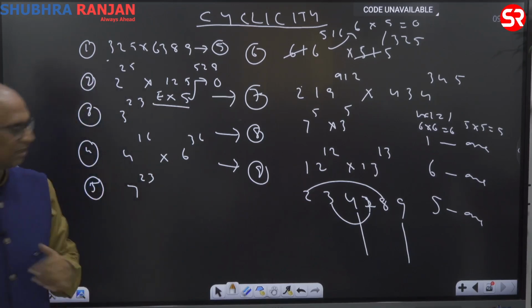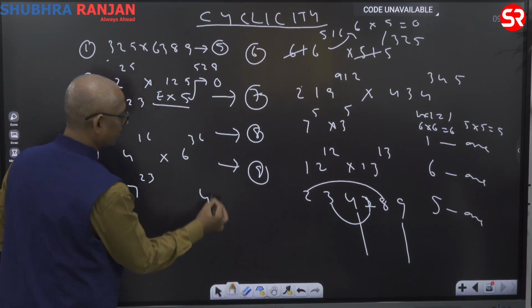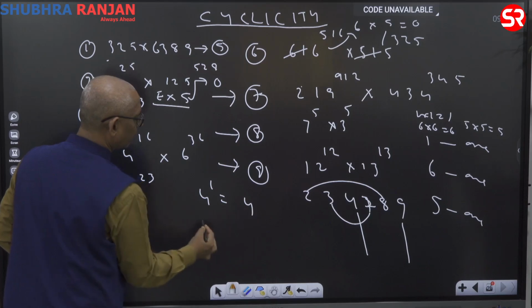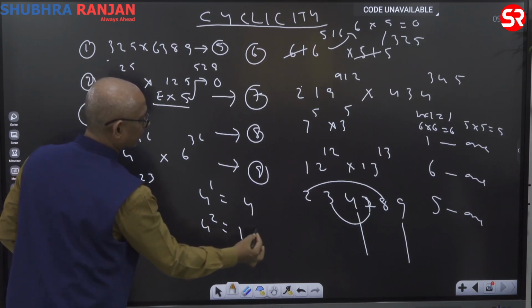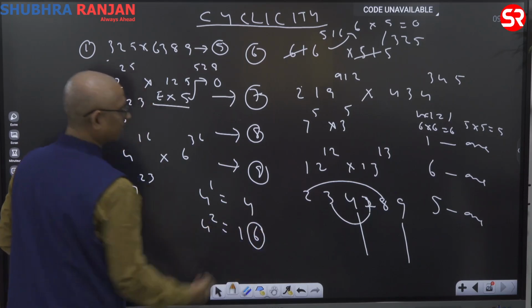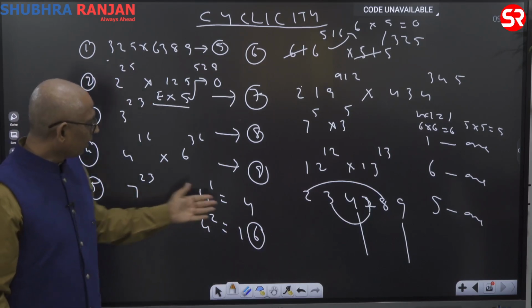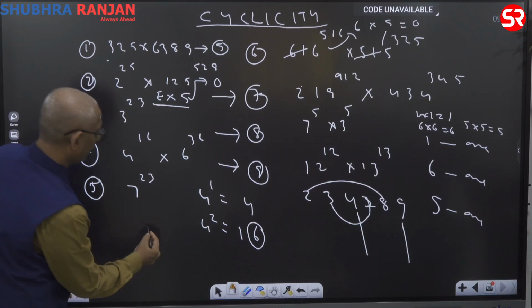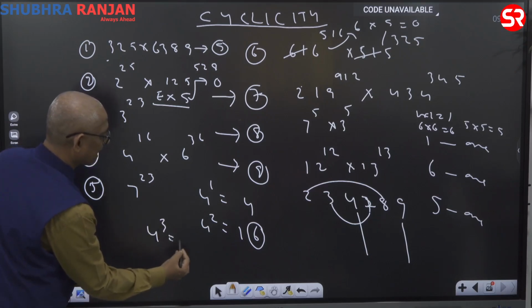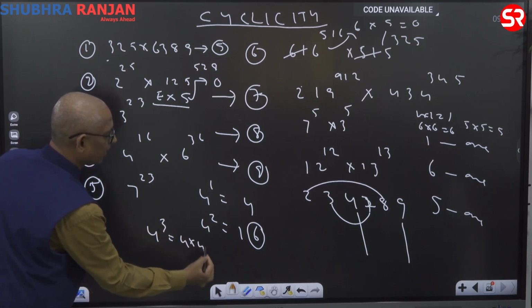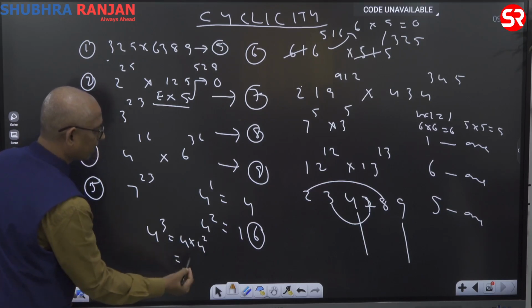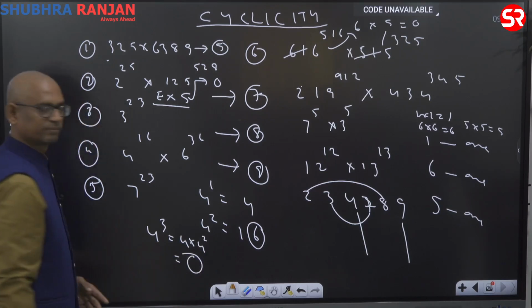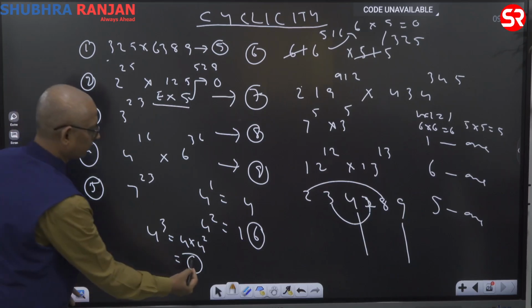How? Check it. What is 4 power 1? 4. What is 4 power 2? 16. What is the unit place? 6. Now 4 power 3 is again 4 into 4 square. So what is the unit digit that will come? 4.